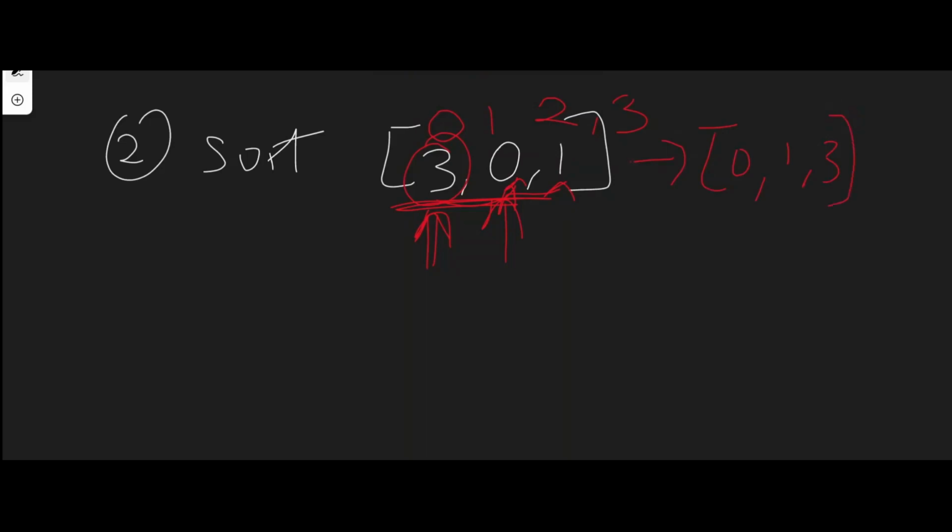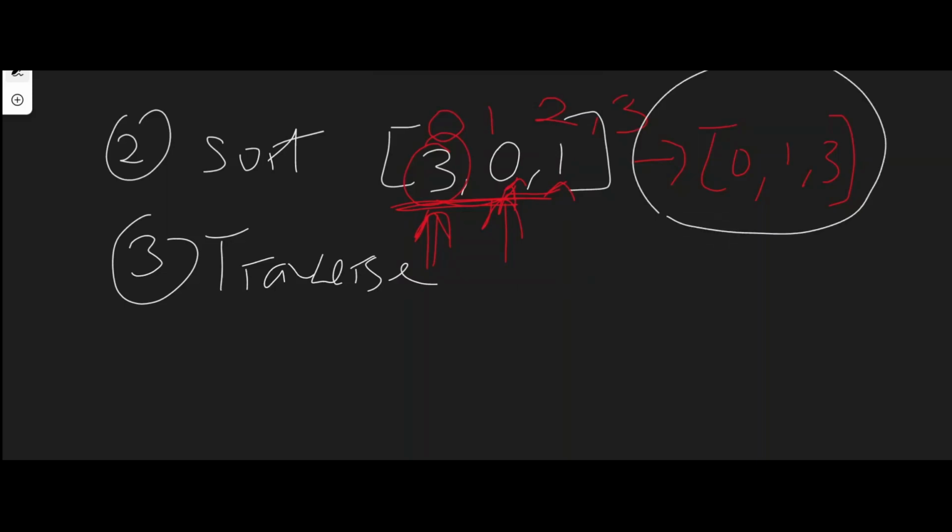So we do the cyclic sort first, where we sort this array to give us 0, 1, 3. After sorting, then again we are going to traverse the array, just like what we started with in the first example. First we are sorting the array, then we are traversing to see what number is missing at what index, and we would say that 2 is missing, similar to what we did.